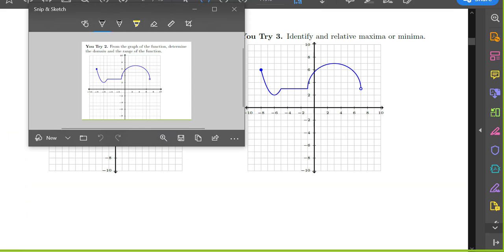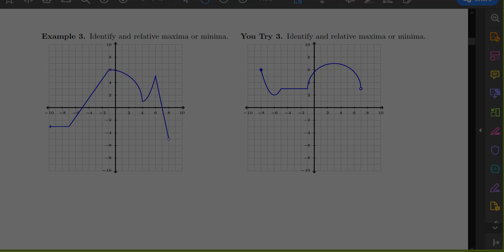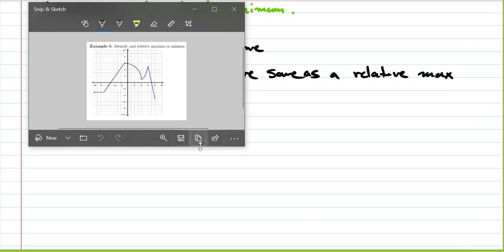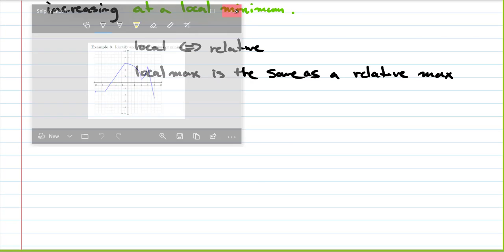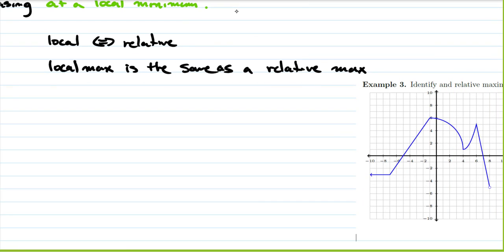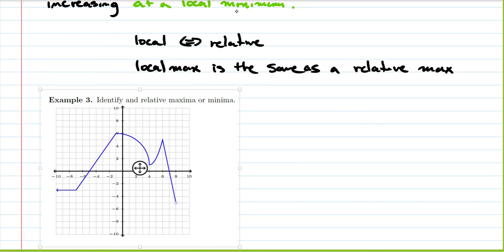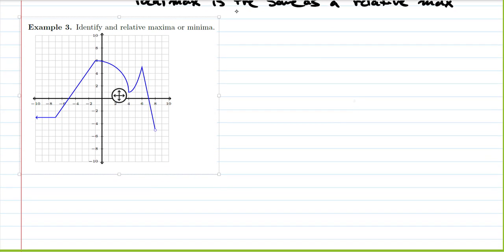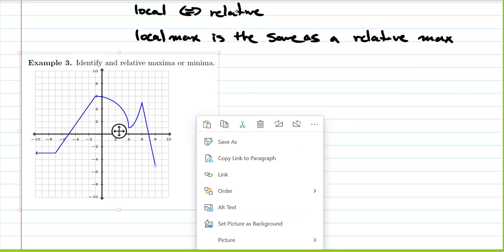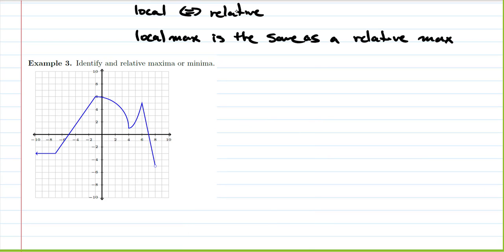So if we take a look at example 3, which is the same picture that we've been working with in the other ones, we can use our previous work or just look at our graph to help us see what is happening. So we want to identify our local max and our local min.